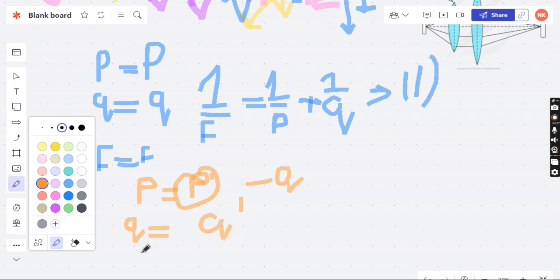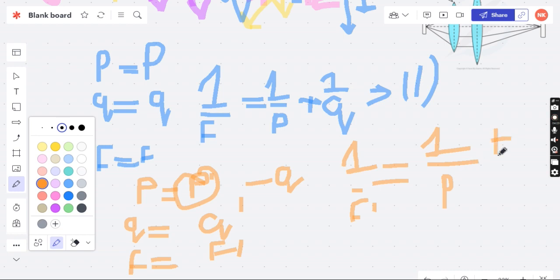So 1 upon F naught is equal to 1 upon P plus 1 upon Q. This is equation number 2.